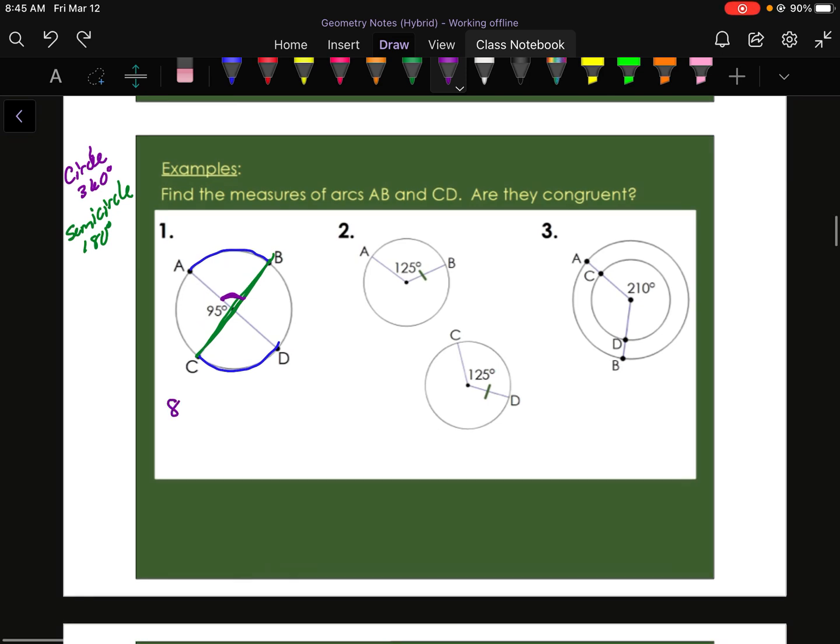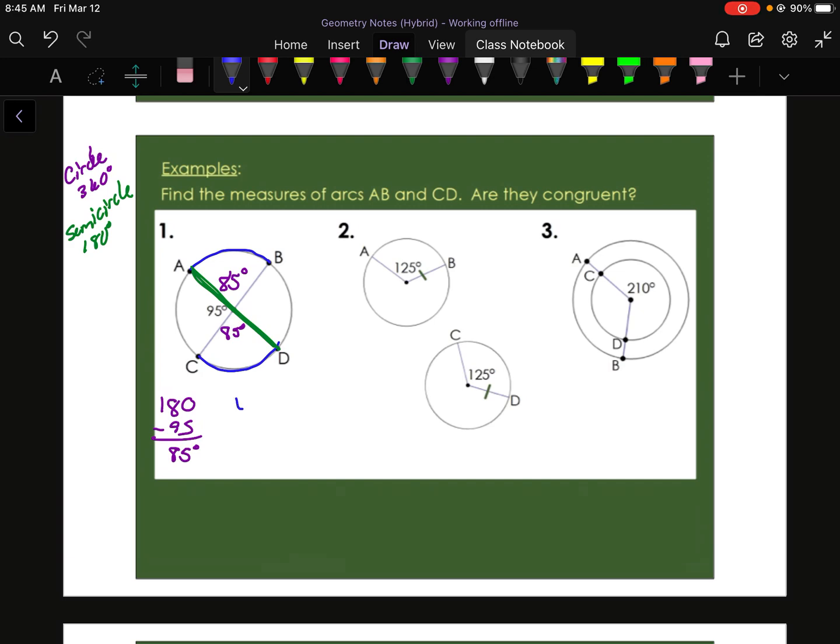Well, some quick subtraction. 180 minus 95 means that arc AB, that central angle, I should say, is 85 degrees. So does CD the same? Are they congruent? This would also be 85. You can do the same thing, but look at it from this semicircle. So 95 here and 85 here would make 180 degrees.